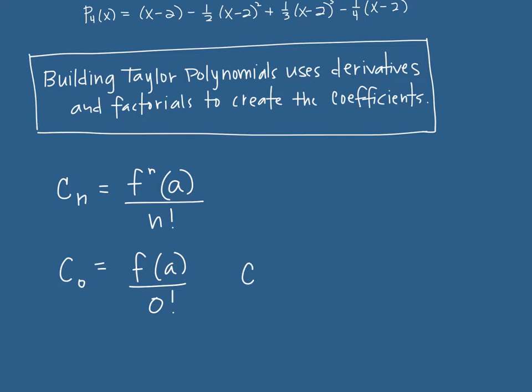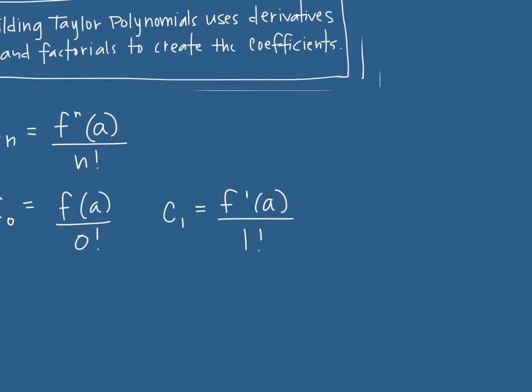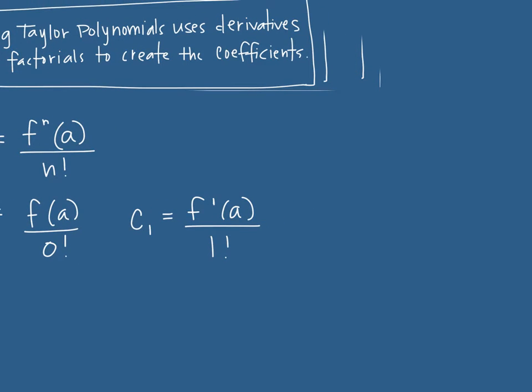All right, the second coefficient, which would be called C1, is going to be f prime of a over 1 factorial. It's a prime. Okay, what's 1 factorial? 1.